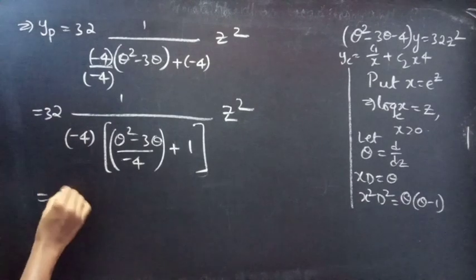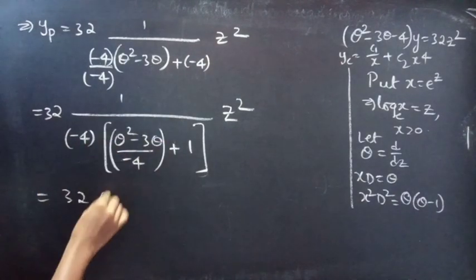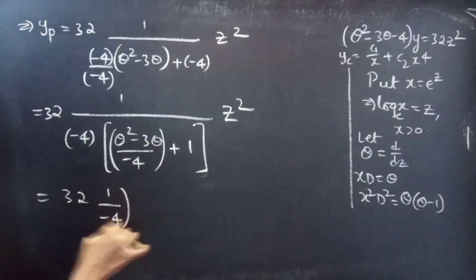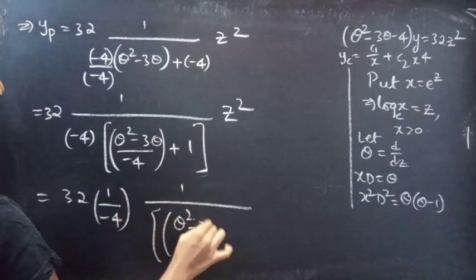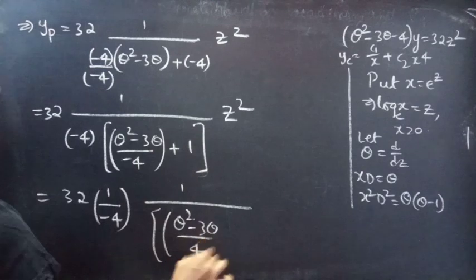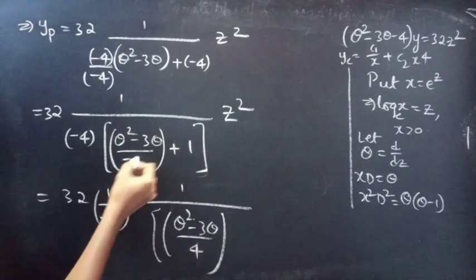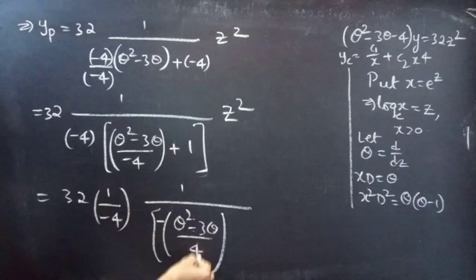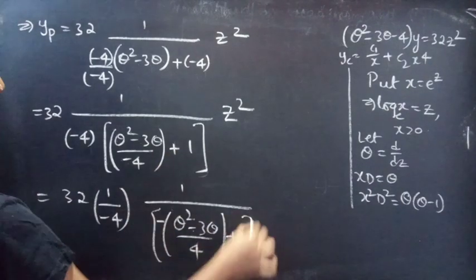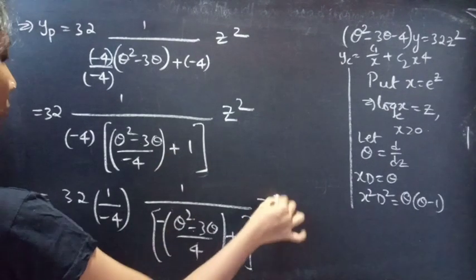Right? This is equal to 32 into, split the fraction as 1 by minus 4 into 1 by theta square minus 3 theta by 4. We can write theta square minus 3 theta by minus 4 as minus of theta square minus 3 theta by 4 plus 1 into z square.